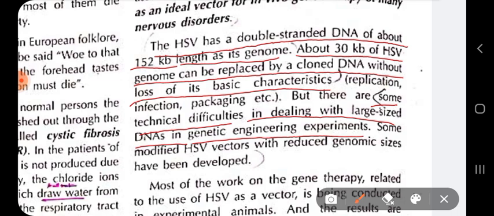Although they are born to target the nerve cells only, still some difficulty occurs. But otherwise, about 30 kb out of 152 kb of herpes simplex viral genome can be replaced by our desirable therapeutic gene, so it is beneficial.